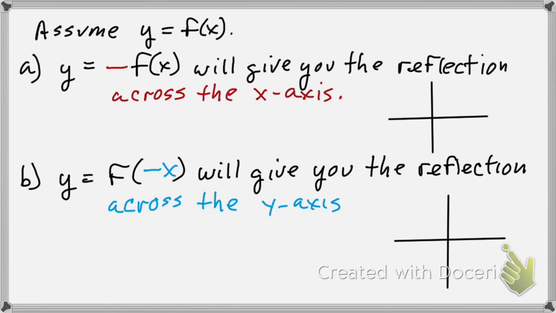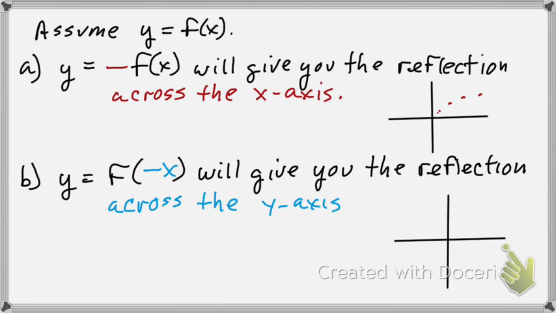The top one up there, A, says if I want to reflect something across the x-axis, notice what that's saying. It's saying for every y value above the x-axis, I want a corresponding one below. So if I had these little points right here. Now remember, this is across the x-axis. If I just had those 4 points and I wanted to reflect them across the x-axis, think about it.